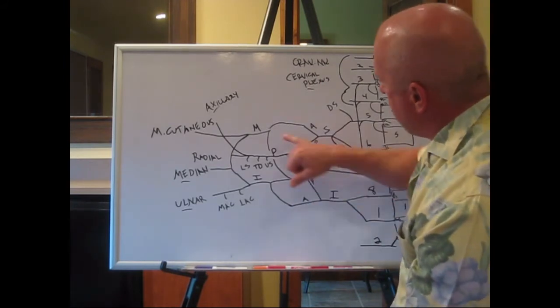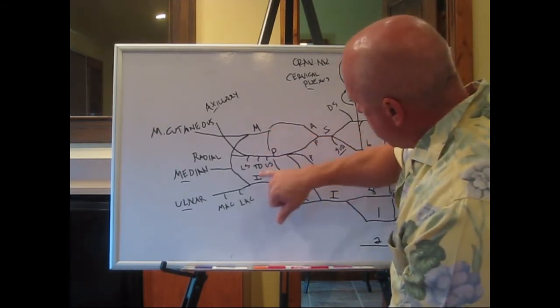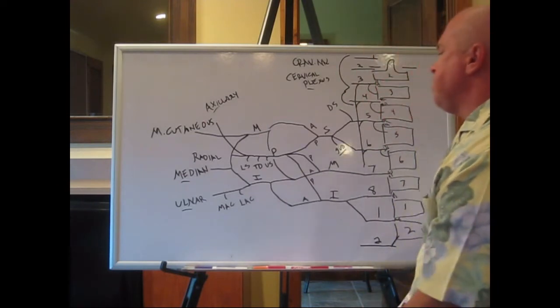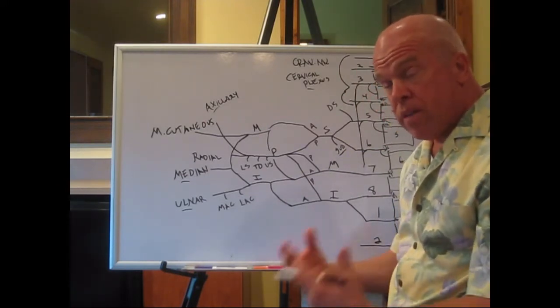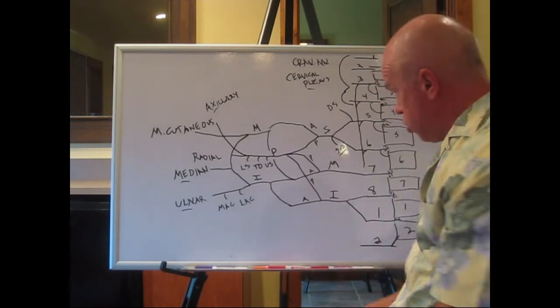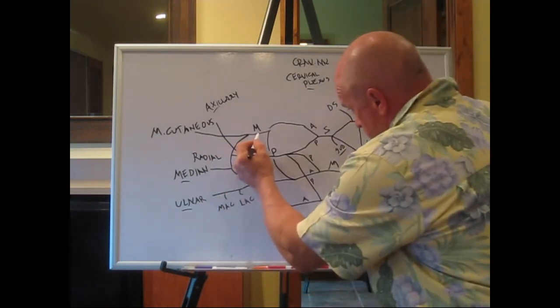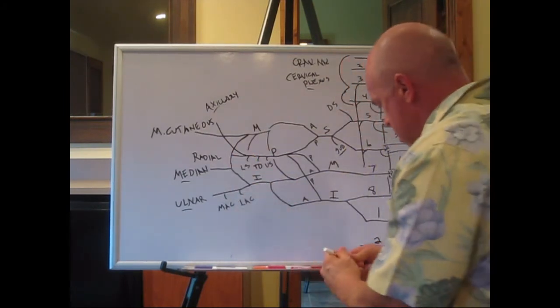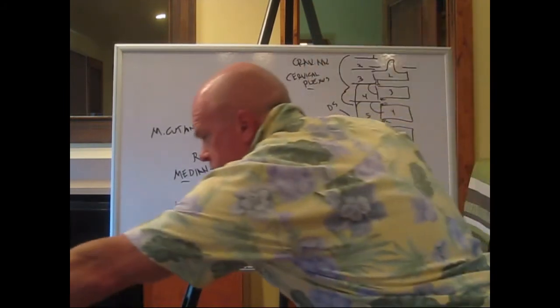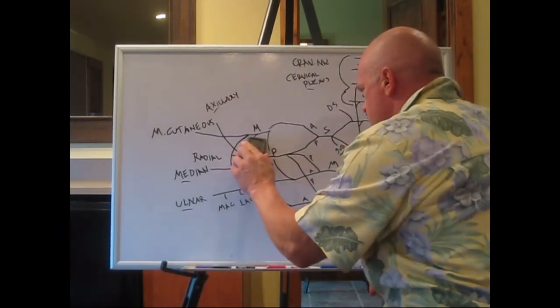And then from both the medial and inferior cord, we have sort of an anastomotic branch, a fascinating anastomotic branch that goes from the medial cord. Let's draw this in a different color. Let's draw this in red. And I hope you can see this.